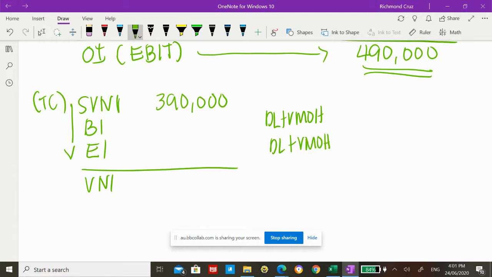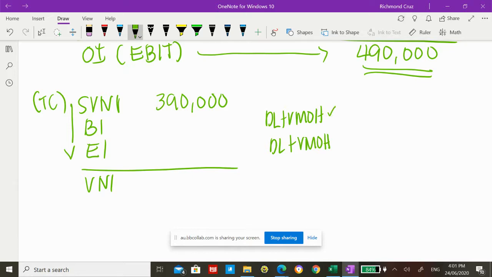So we need to analyze. If we compare the beginning inventory, under super variable net income it is understated as compared to the beginning inventory of variable net income. Why is it understated? Because in regular variable costing, we include direct labor and variable manufacturing overhead as part of product cost.